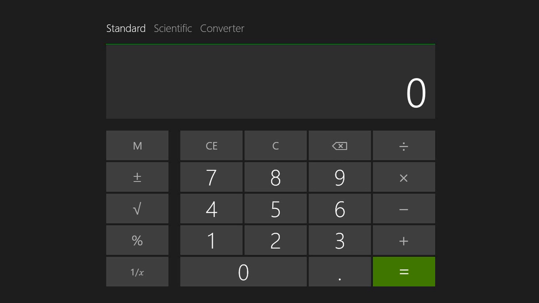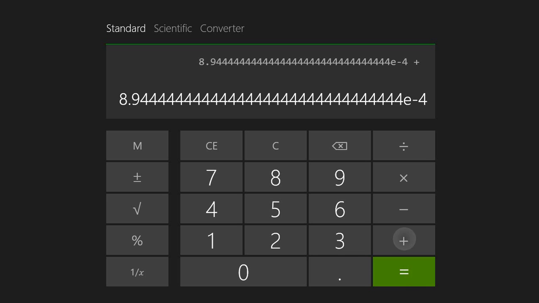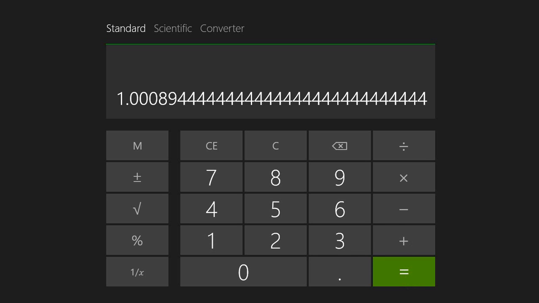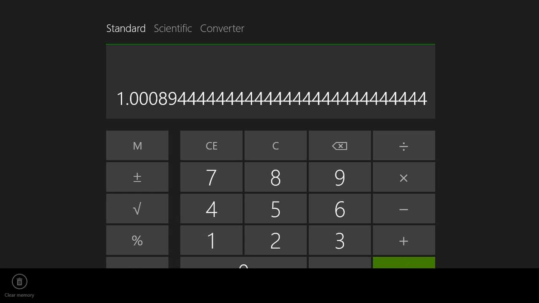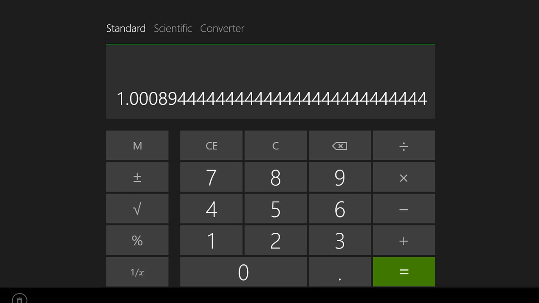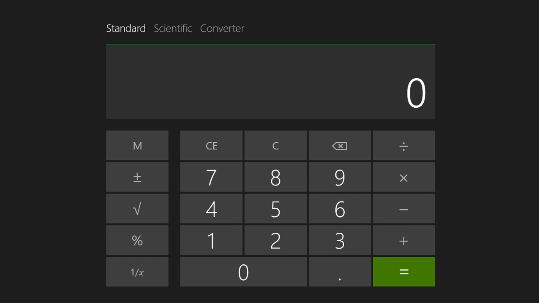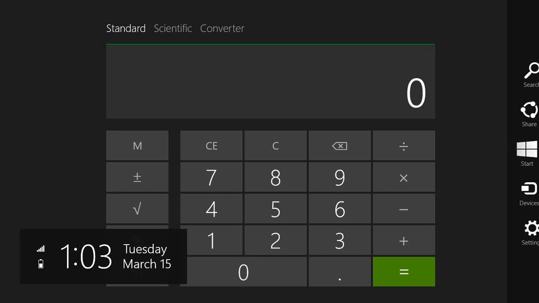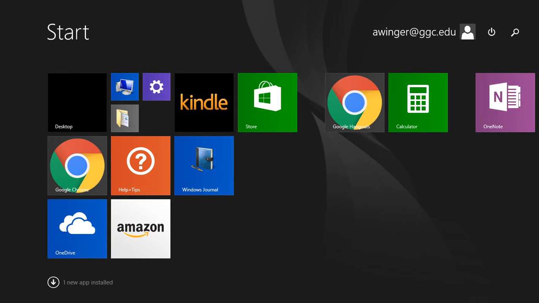This is clear. 0.161 divided by 180 plus 1 is that. Okay, so let's go ahead and get out of that.